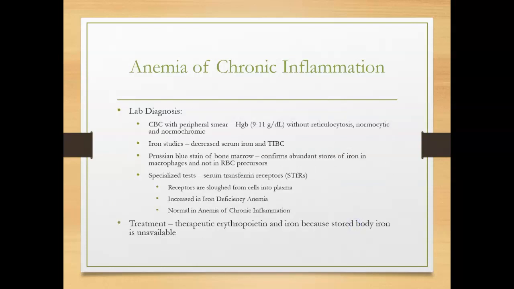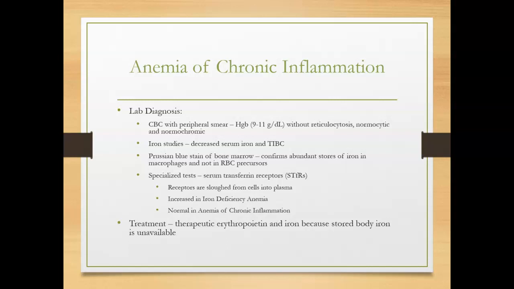So looking at the laboratory diagnosis of this one, we would do a CBC with a peripheral smear. The hemoglobin would be low. We would probably not have reticulocytosis, which we may or may not see with the iron deficiency anemia. This one would be normocytic normochromic, where we saw iron deficiency was hypochromic microcytic.